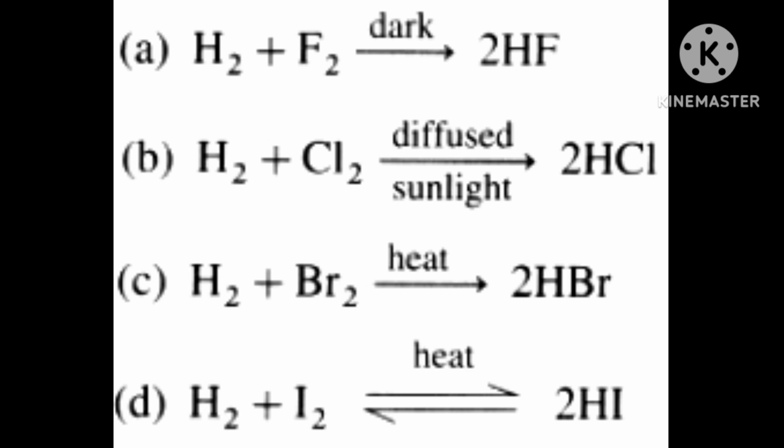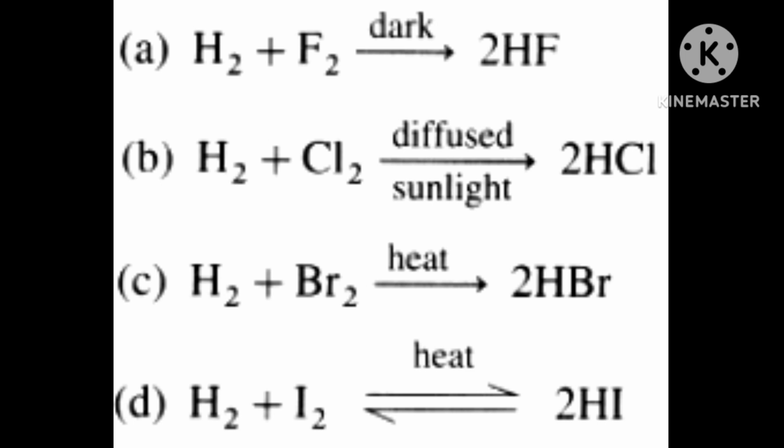Hydrogen fluoride is the weakest. HI has the highest acidic strength and HF has the lowest. HF is less than HCl, HCl is less than HBr, HBr is less than HI.